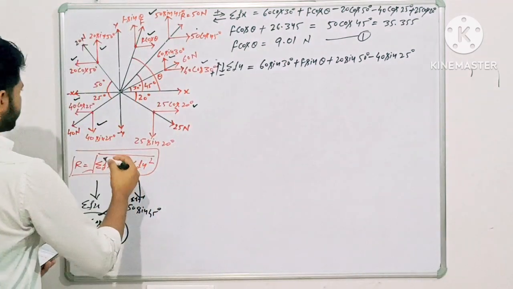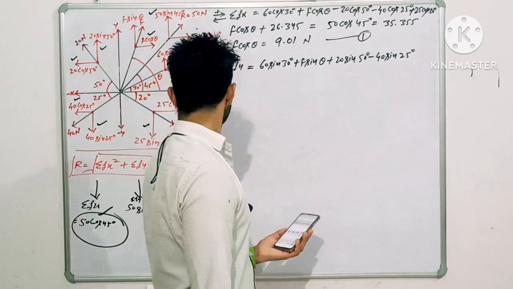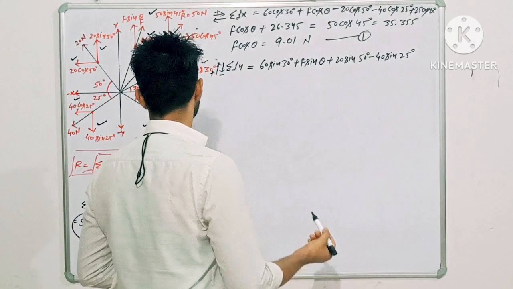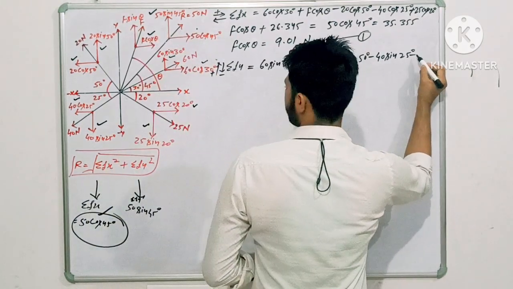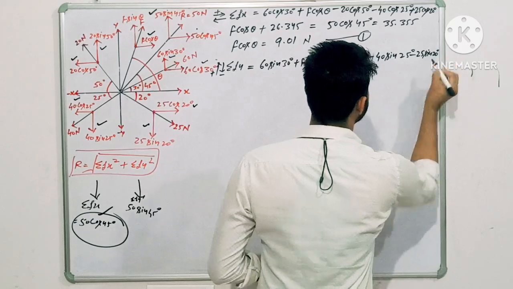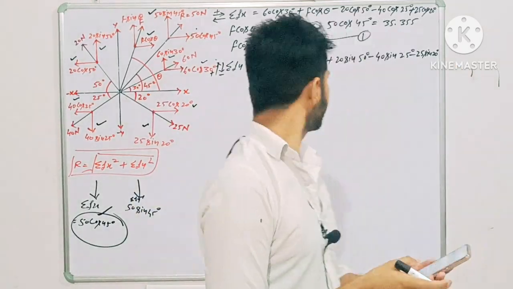Now next, this value, 25 sine 20 degrees, is always going in the downward direction, so you have to take this also negative, minus 25 sine 20 degree. So I am subtracting this.